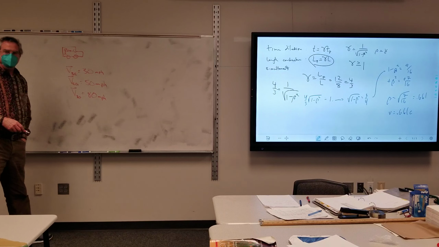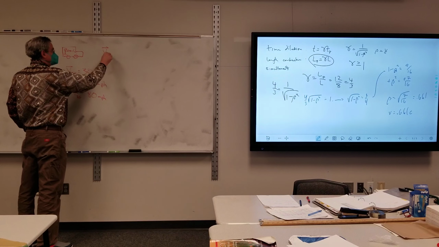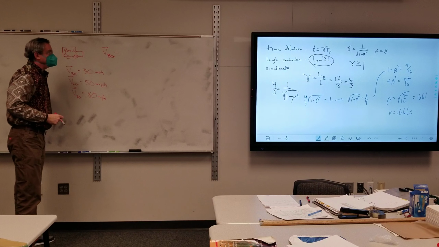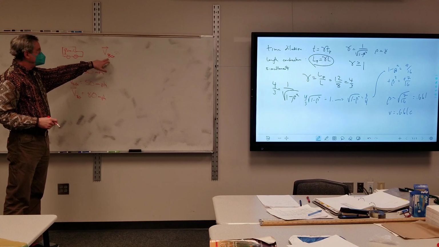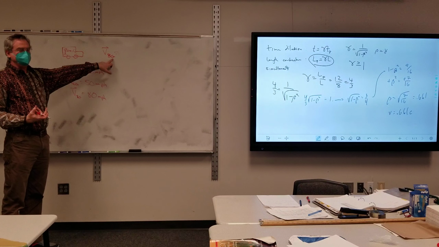Now, from a vector addition point of view, whenever I'm doing vector addition, it's always the object that has that velocity and then the point of view.